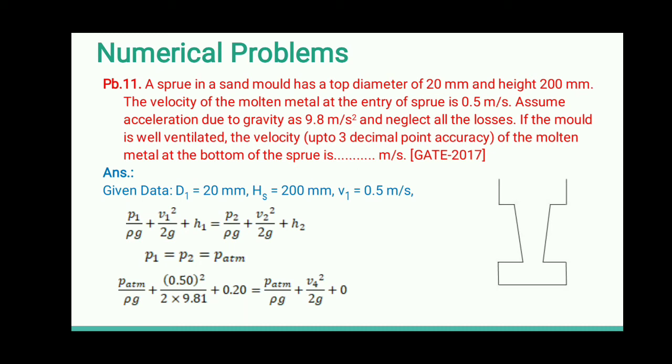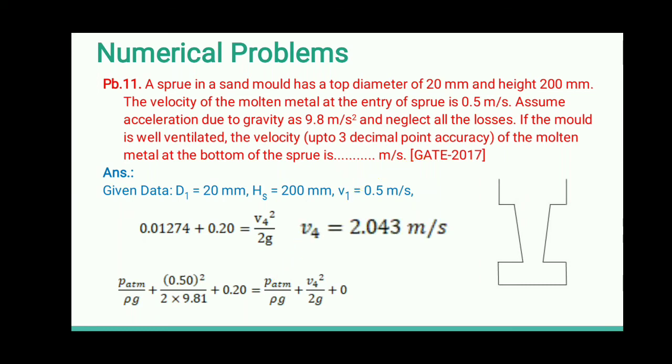So the pressure term will be eliminated from both sides. When you calculate this term, it gives you 0.01274 plus 0.20 equal to V2 square by 2g. From that we add this value and when you calculate, V2 will be equal to 2.043 meter per second. Up to 3 decimals we have to calculate. So the final velocity will be equal to 2.043 meter per second. The same velocity you can also calculate with the concept I told you before.